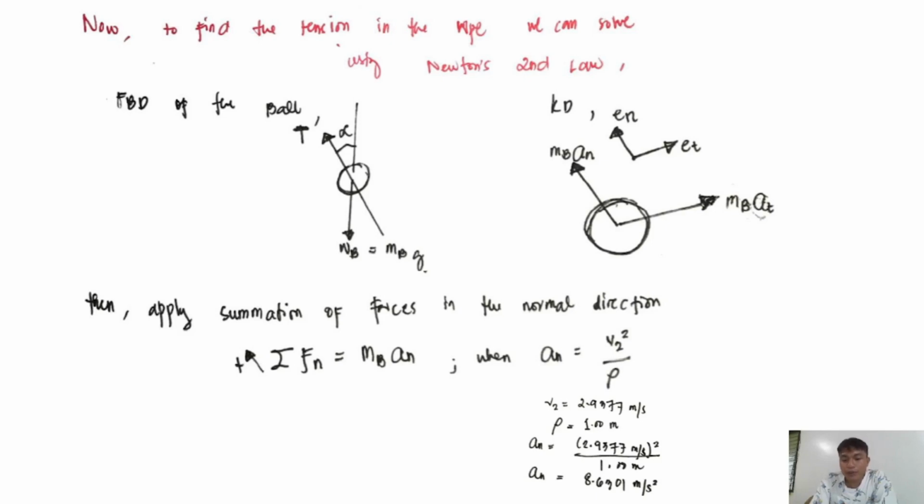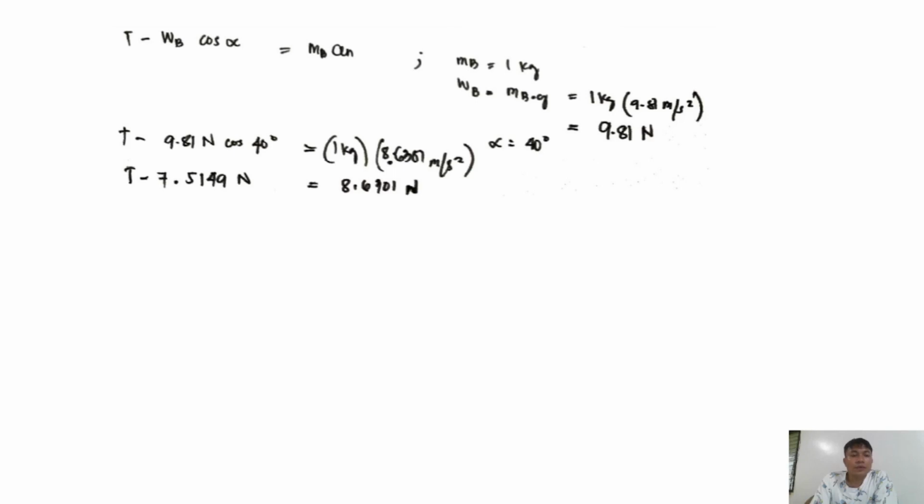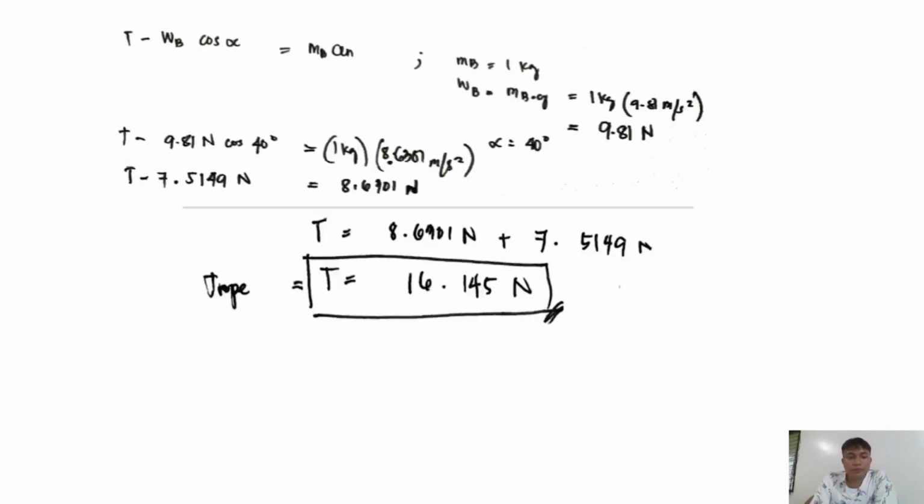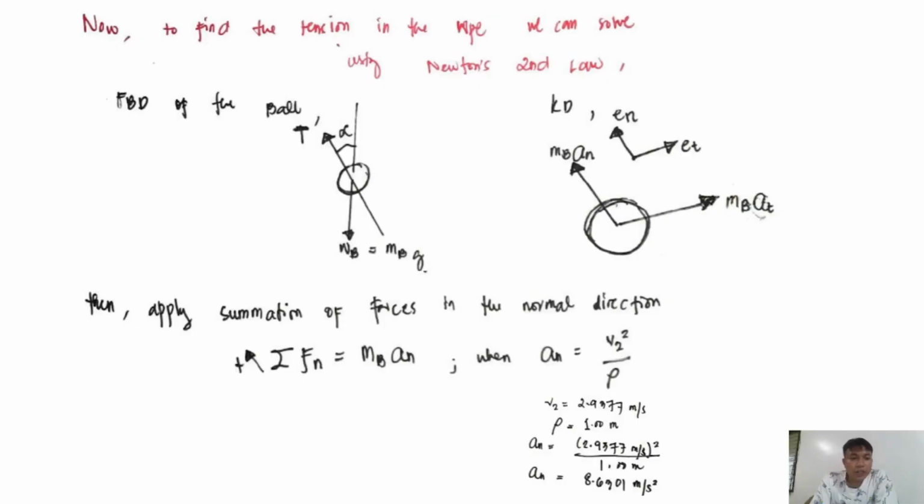So AN is equal to 8.6301 meter per second squared. So now TB minus WB cos alpha is equal to MBAN. Actually, this is the summation of forces in the normal direction.